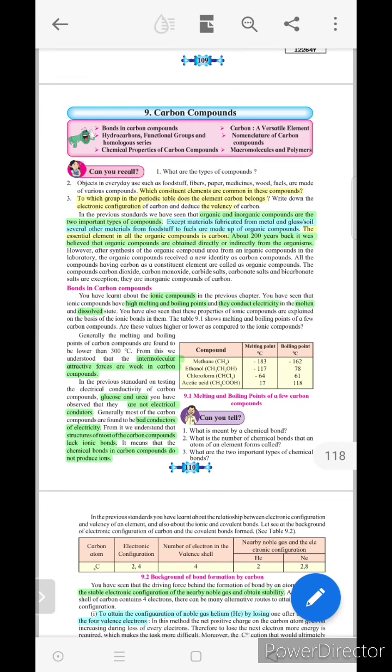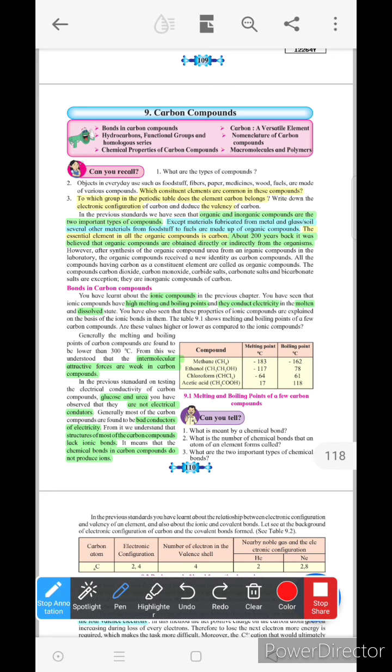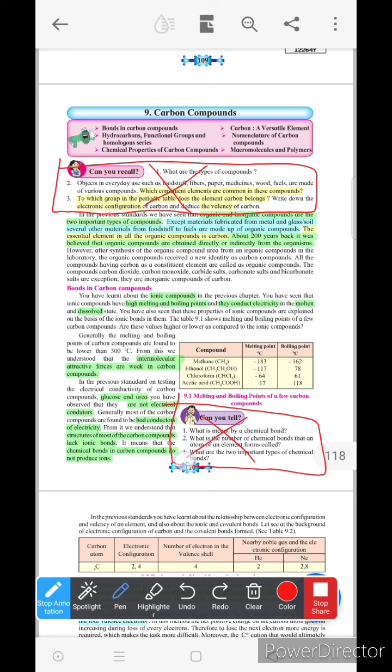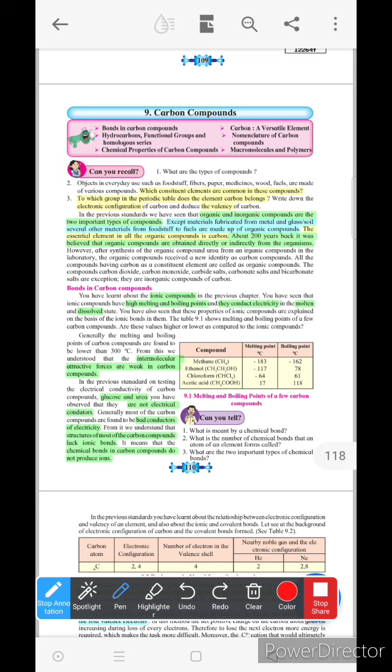The topics removed are first 'Can you recall', having 3 questions, and 'Can you tell', again having 3 questions. Those two topics from page number 110 are removed from your syllabus. So students, you have to note down those points so that your study will be easy.